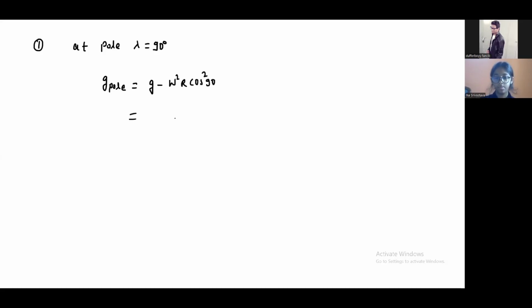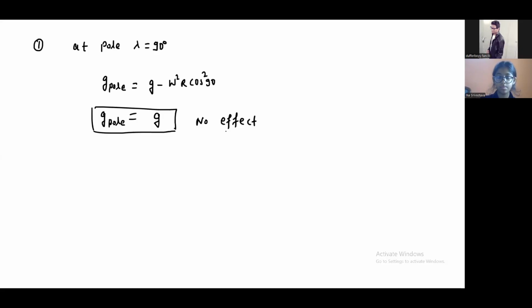That means we get the value g. So at the pole, when the earth is rotated, the g value is g. There is no effect of the rotational motion of the earth on the value of g at the pole. No effect.